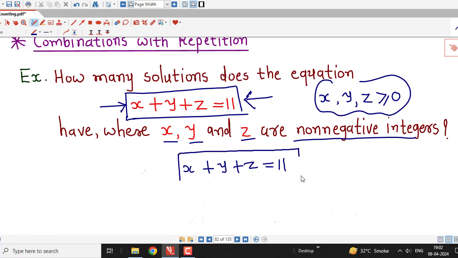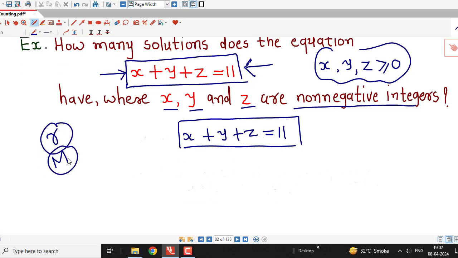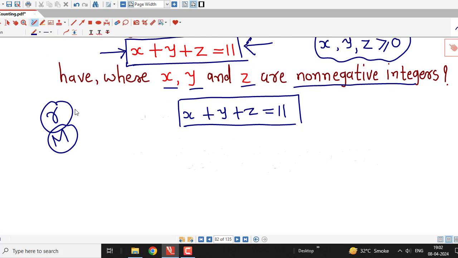So first we have to decide what we should consider as R, that is how many objects we have to consider, and what the types of objects are in the given problem. Before deciding this small r and m, first we consider one trial solution.